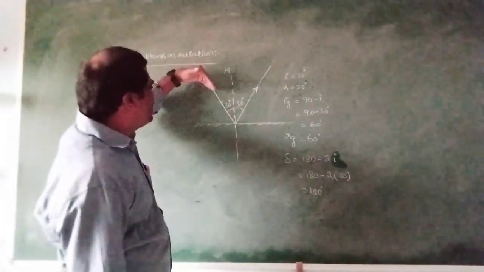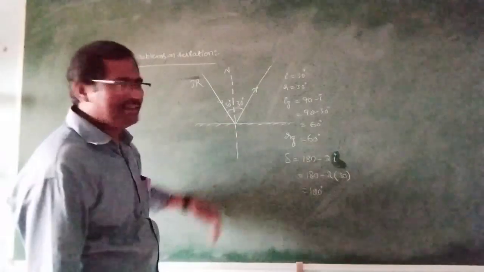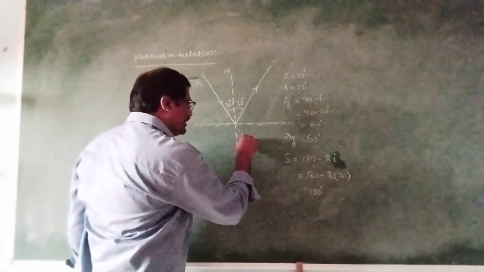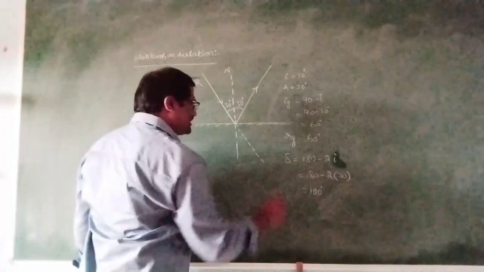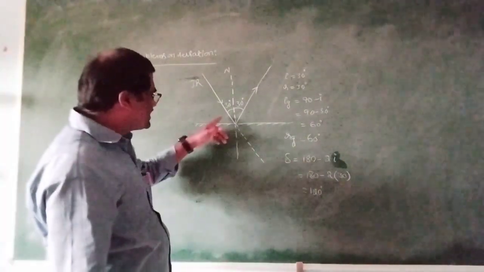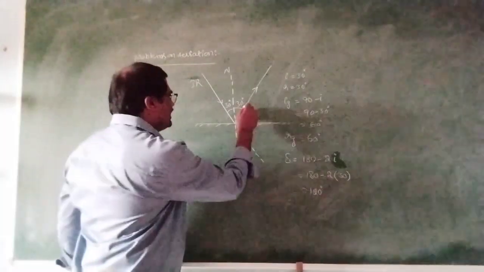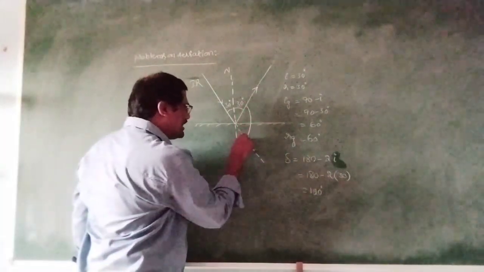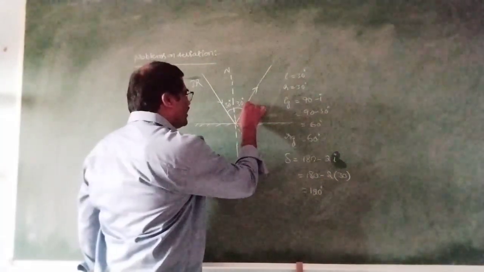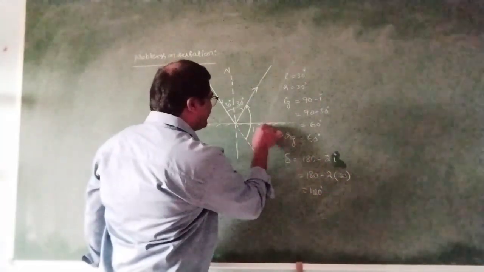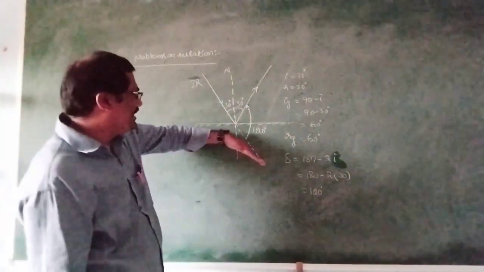This is the light ray's original path. The light ray travels in a straight line path in the absence of the mirror. The angle between the reflected ray and the original path of the incident ray is known as the angle of deviation. This angle of deviation is 120 degrees.